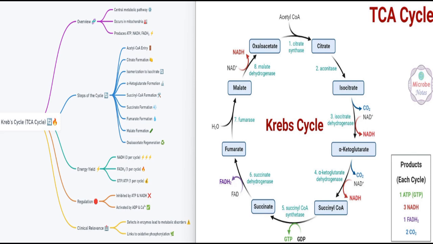Let's take, for example, step 4, where there's oxidation of alpha ketoglutarate to succinyl CoA and carbon dioxide.